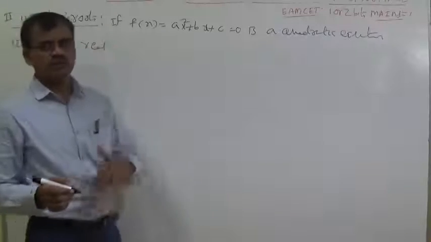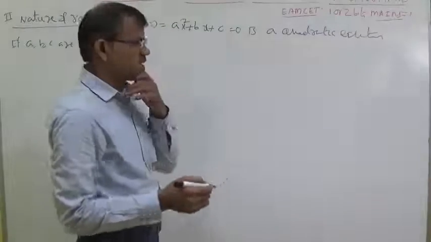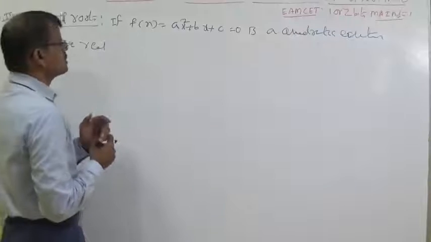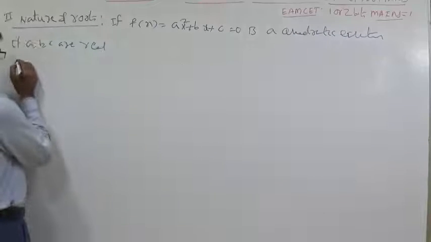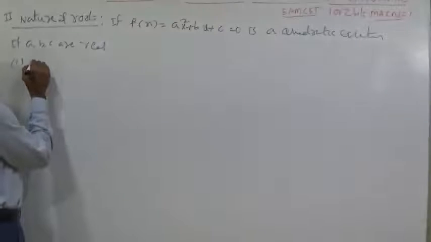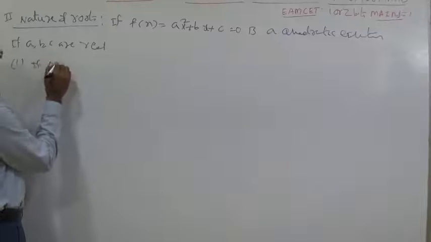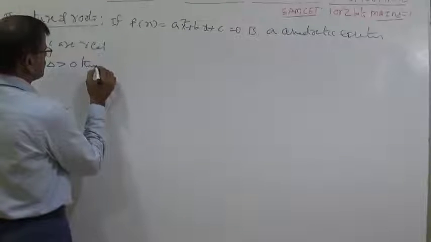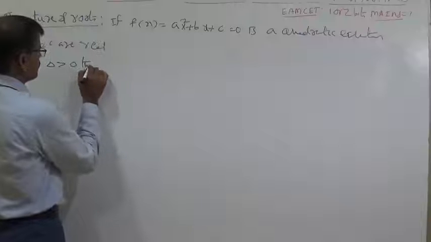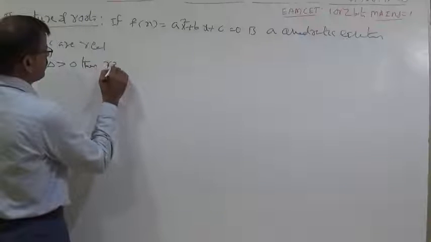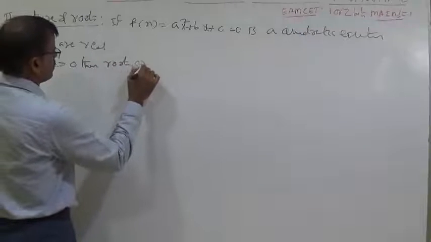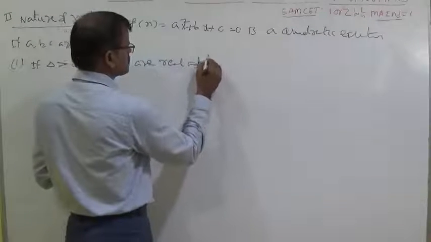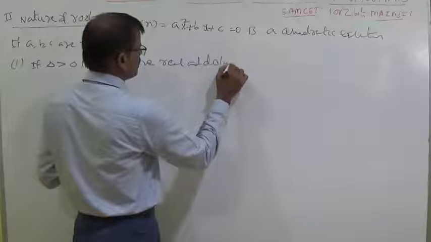We have discussed in the previous section the case where a, b, c are rational. Now I am going to discuss the case where a, b, c are real. First one: if delta is greater than 0, then the roots are real and distinct.